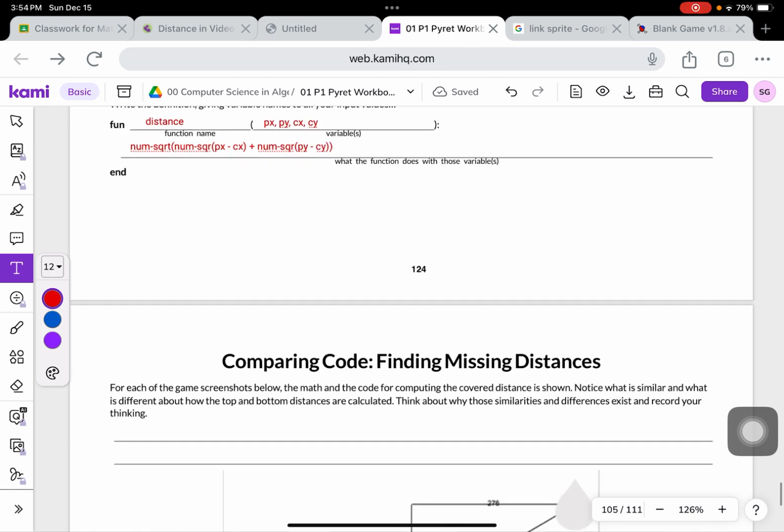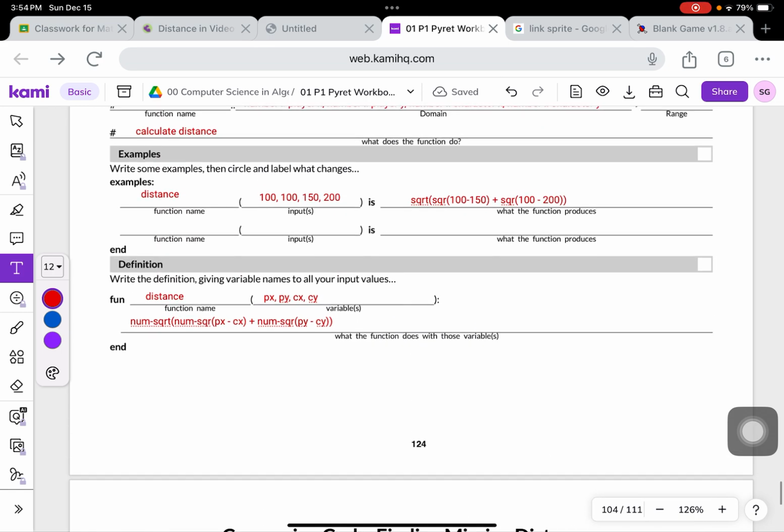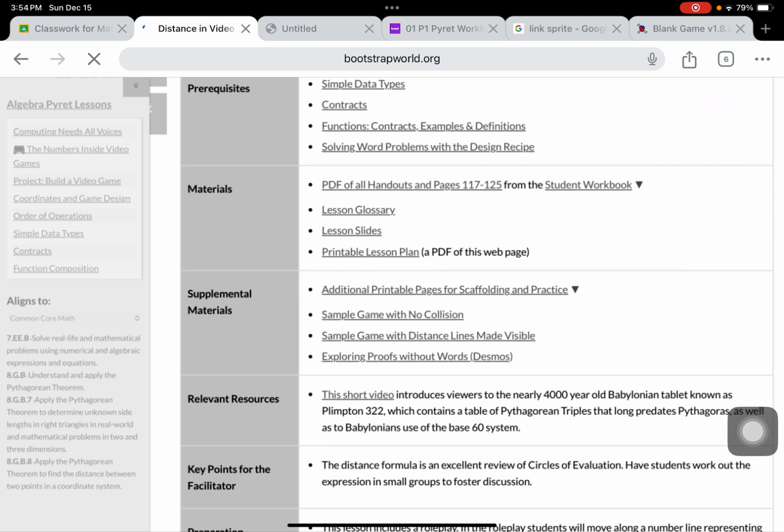Okay, so we'll do the collision in the next one, but let's put this code into our game.